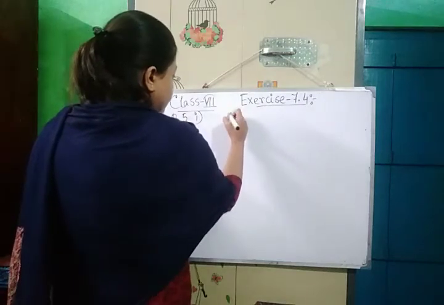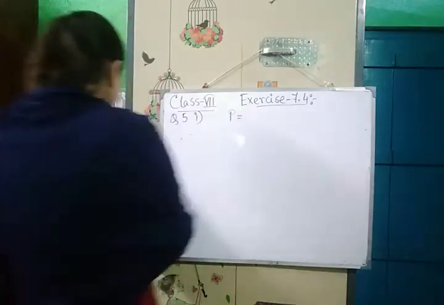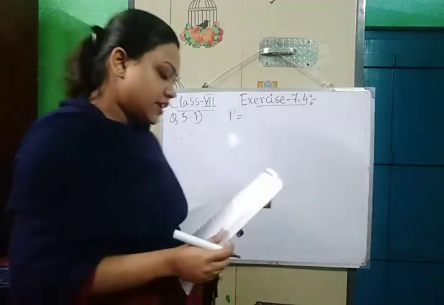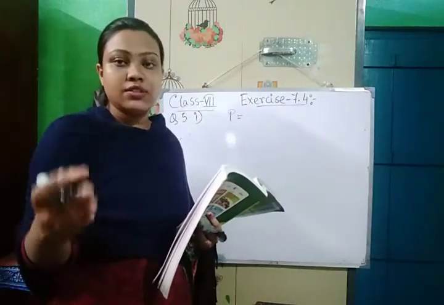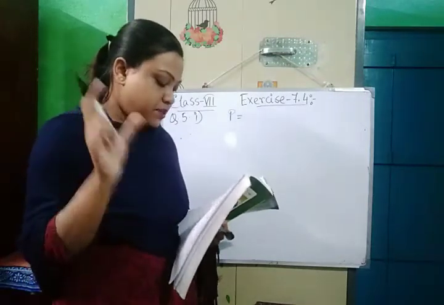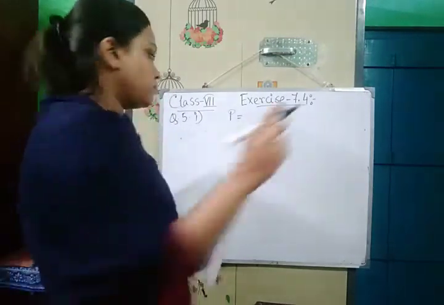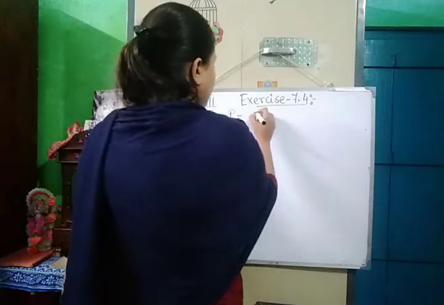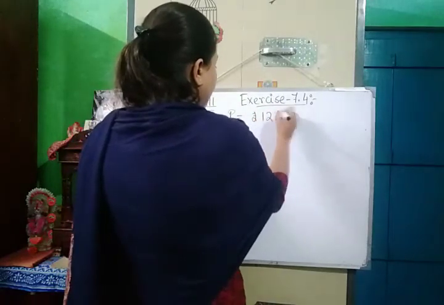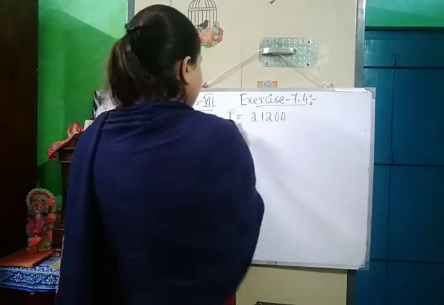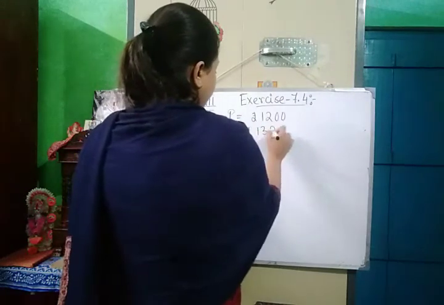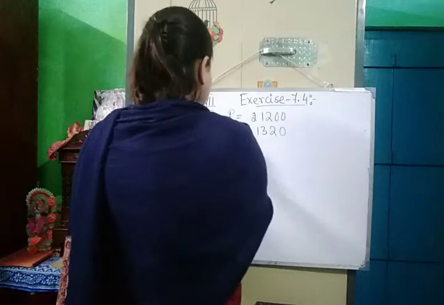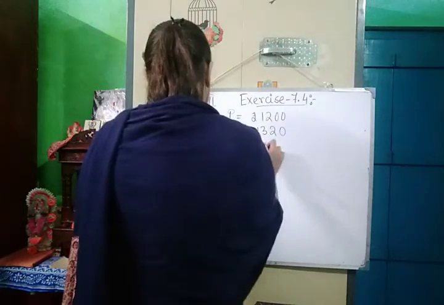The principal is given, rupees 1200 amounts to rupees 1320. That means the principal is rupees 1200 and the amount is rupees 1320 and the time is 2 years.